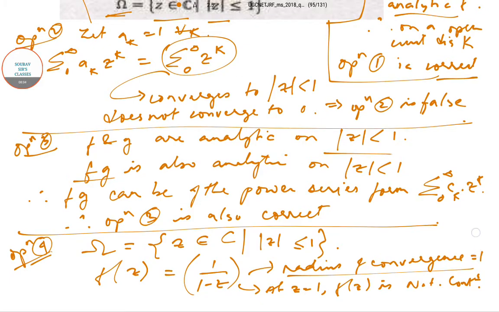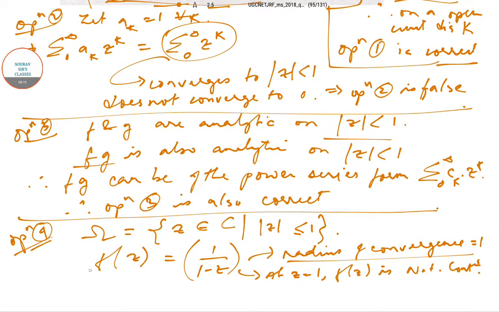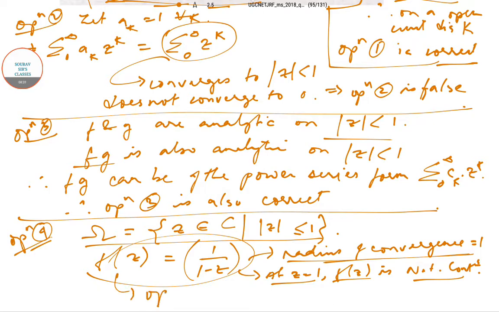So the statement that says that if f(z) is of a power series format and has radius of convergence 1, then f is continuous on this very interval, this is wrong. At z equal to 1, f(z) is not convergent. So therefore option 4 is incorrect.